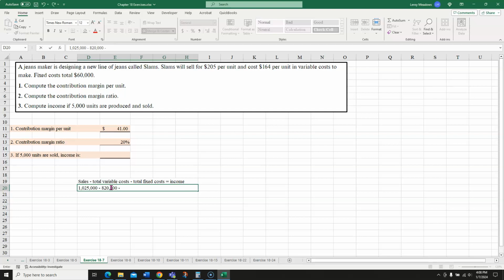And then we're going to subtract out our total fixed costs, and we're told in the problem that fixed costs total $60,000. That equals income.